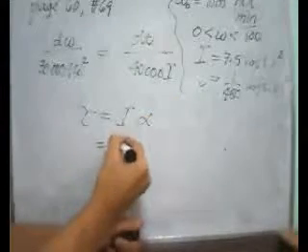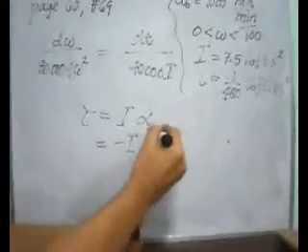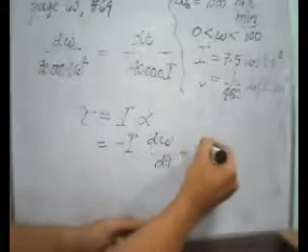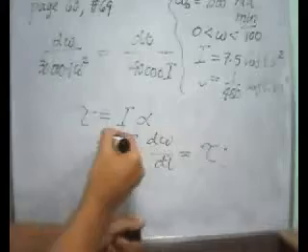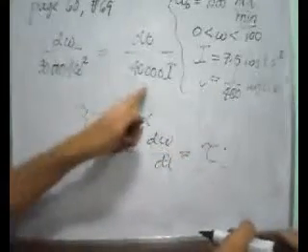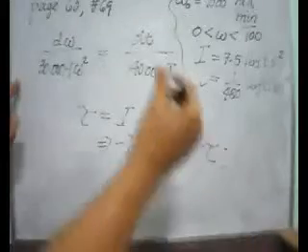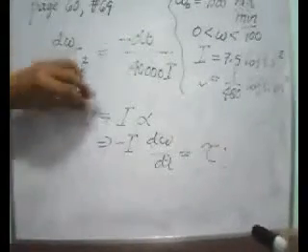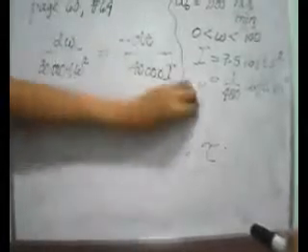So we denote this as negative d omega over dt, and we equate it with the expression of the torque. Either of the two, you must put a negative sign to denote that it is a deceleration. Okay, so we continue to solve.